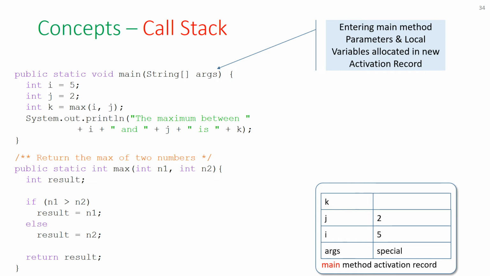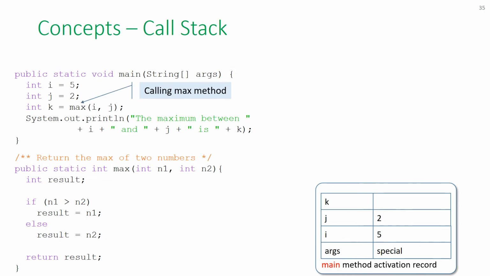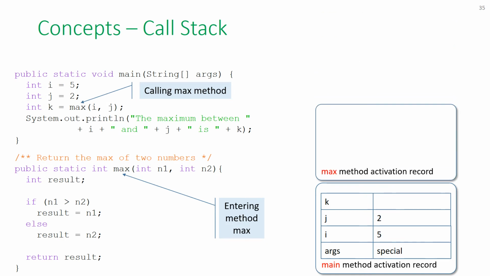When I call max, what's happening? The same thing that happens every time I'm about to enter a method. The moment I enter the method, I push on top of the program's execution stack another activation record. This is the activation record for this call to the max method.